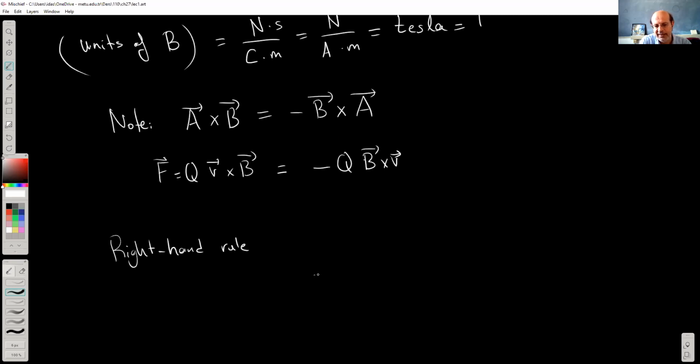So this is V. I think I'm going to use this kind of a picture in here, B. And I'm not sure if this picture can be understood in different ways. So the force would be like that, right?